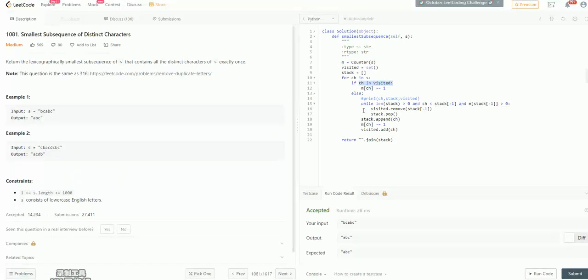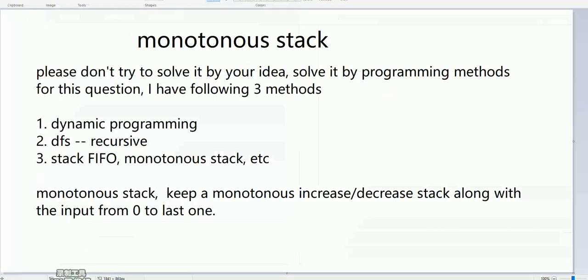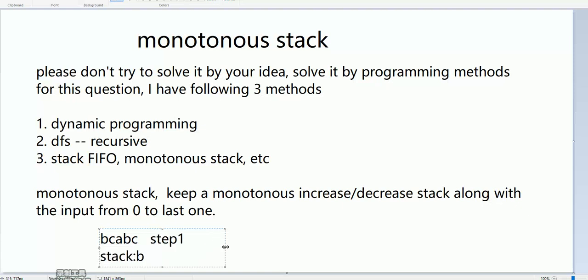The first B is not in the visited set, so the first step in the stack is the B. The next step, step two: because C is bigger than B, the stack will be B and C.